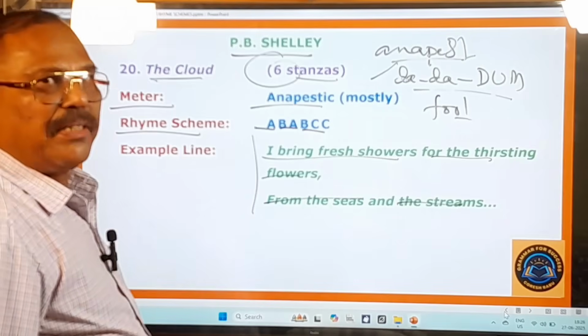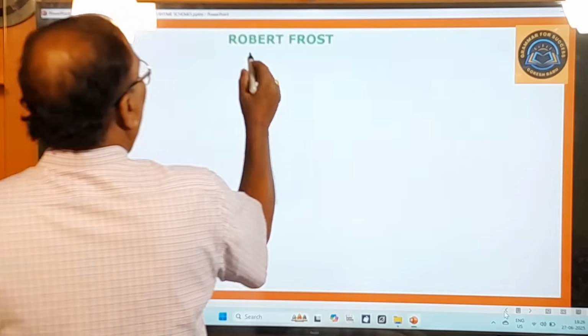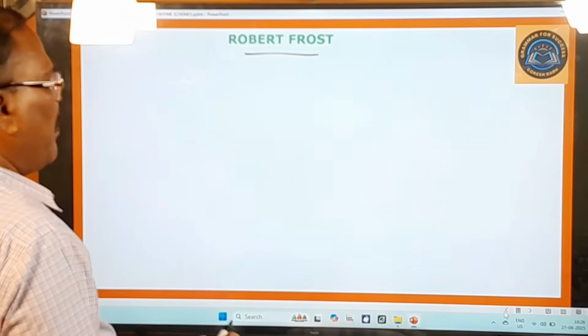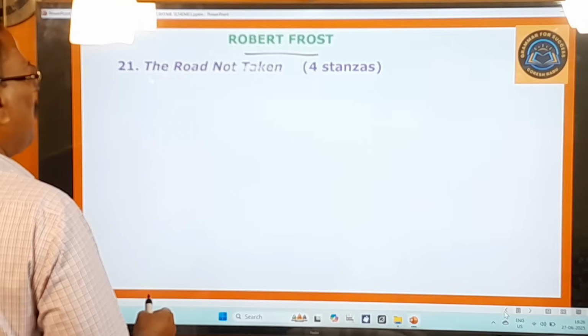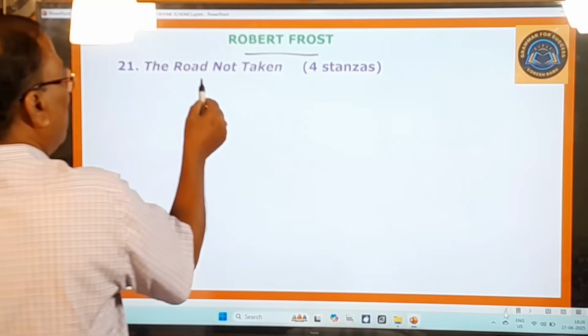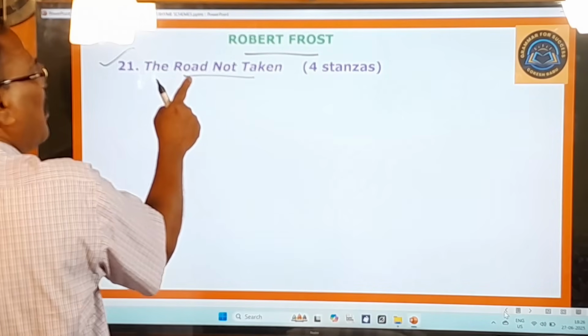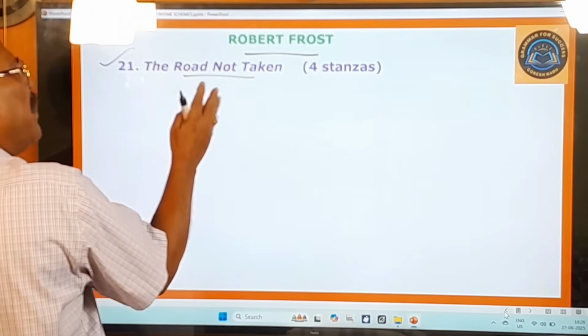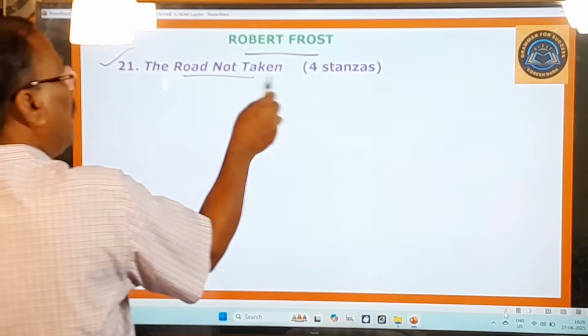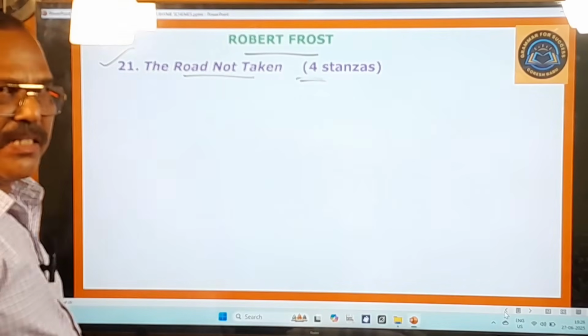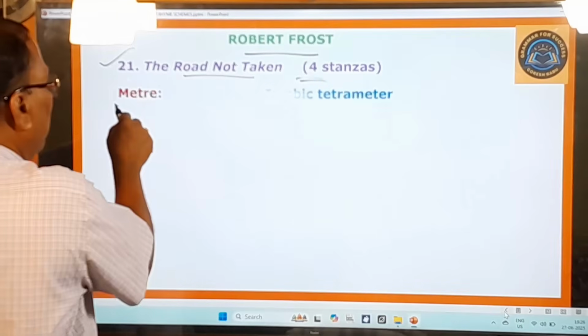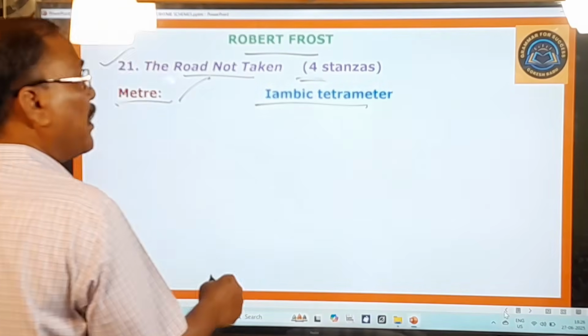Now you go to other poems. Robert Frost's poems are also prescribed for study. First one is The Road Not Taken. It's a very, very important poem. Definitely 1 or 2 bits will be given from this poem. In this poem there are as many as 4 stanzas. The meter followed in this poem is iambic tetrameter.